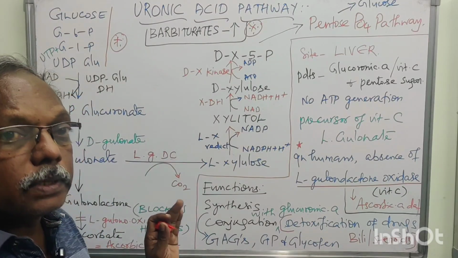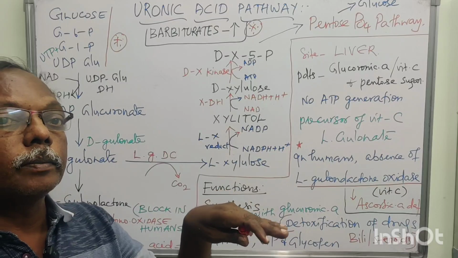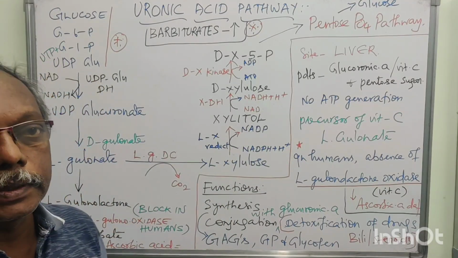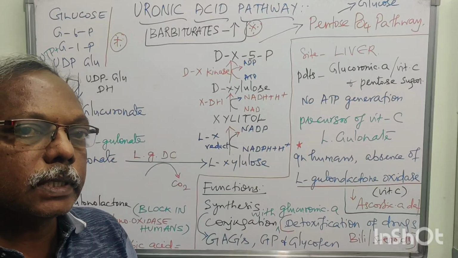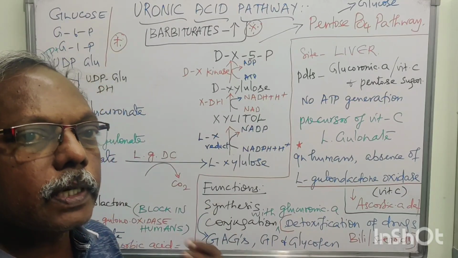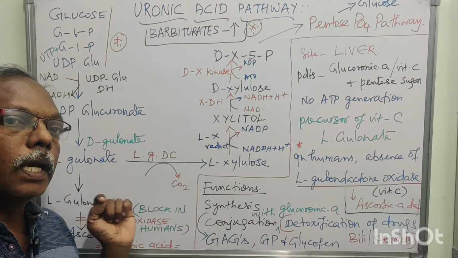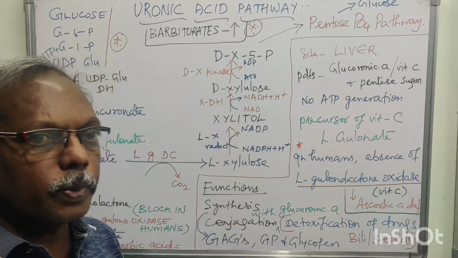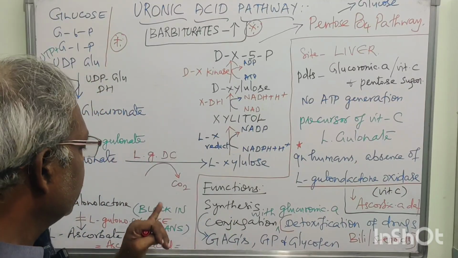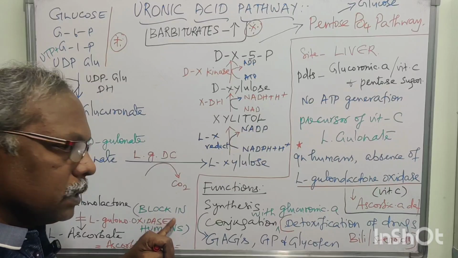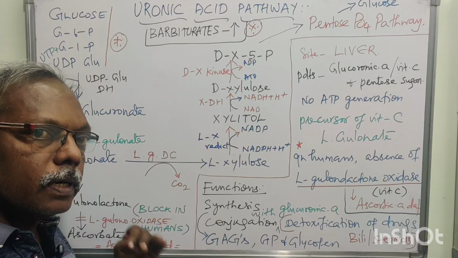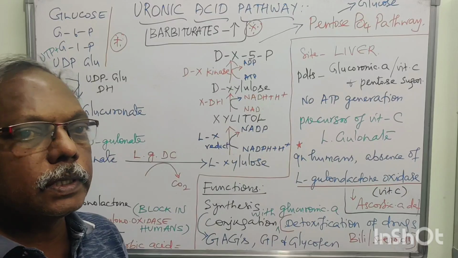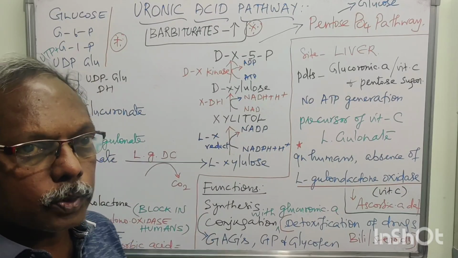Here the problem is that this enzyme is present only in birds and animals like that, not in human beings. That is why we are not able to synthesize ascorbic acid: we have a deficiency of this enzyme, as do primates. This is very, very important. Because of the blockage of the enzyme, we are not able to synthesize ascorbic acid, so we should take vitamin C through our food items.